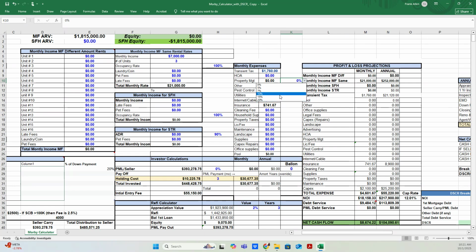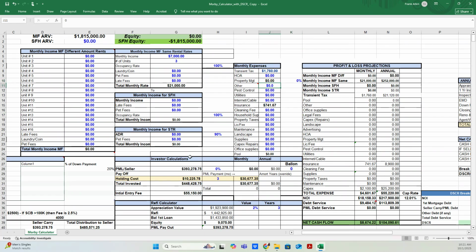I've seen as low as 10 for long-term rentals, but that's kind of unusual. That could vary, like 10% could be if they're handling all the front end and you do all the back end. Otherwise, for long-term rental it's probably 5 to 8%. If you put in 5, that'd be $1,000 a month. But he's going to do it himself, so we're going to leave that at 0.